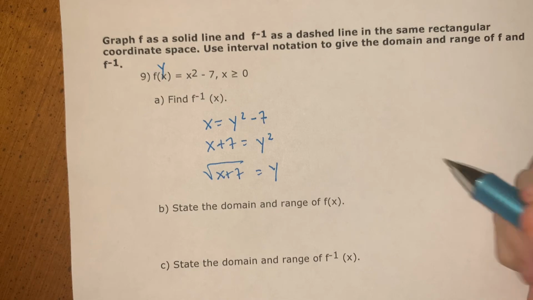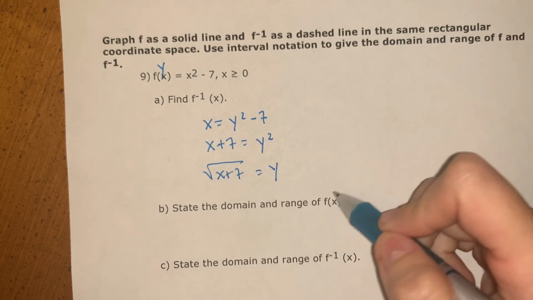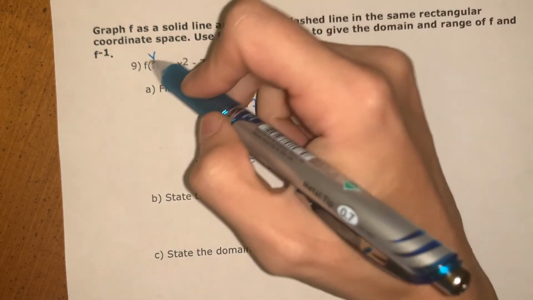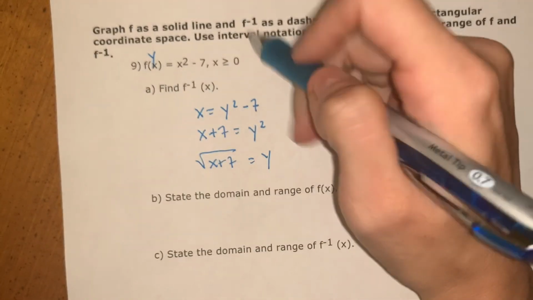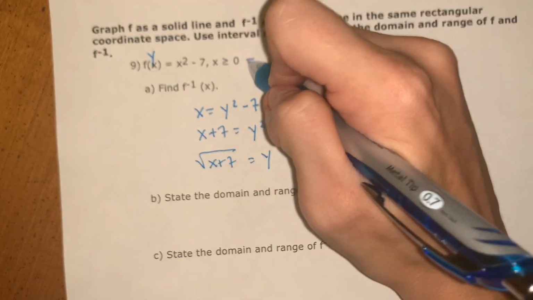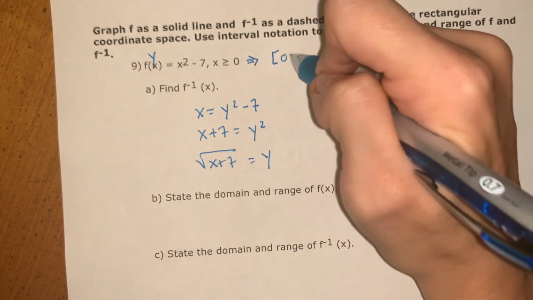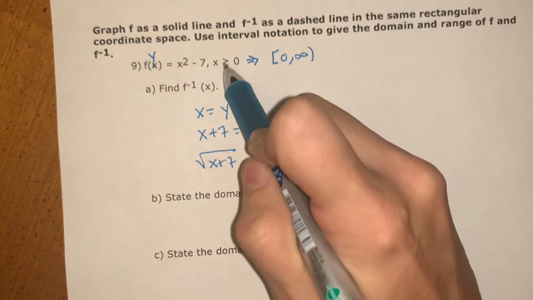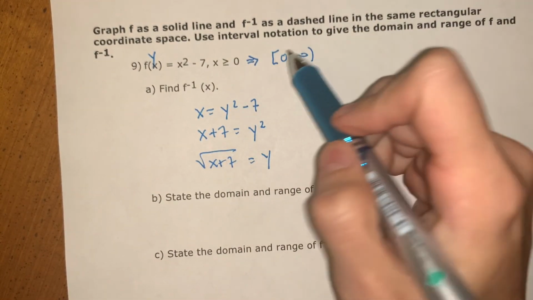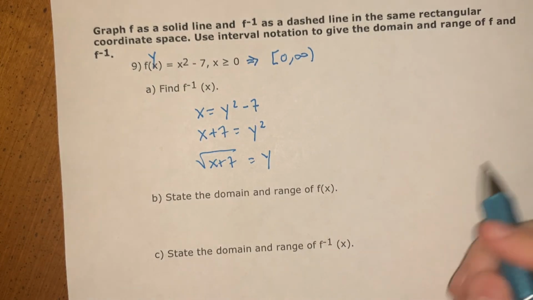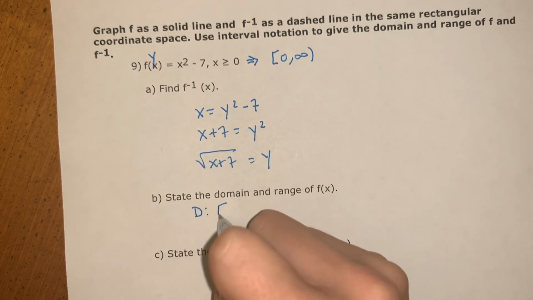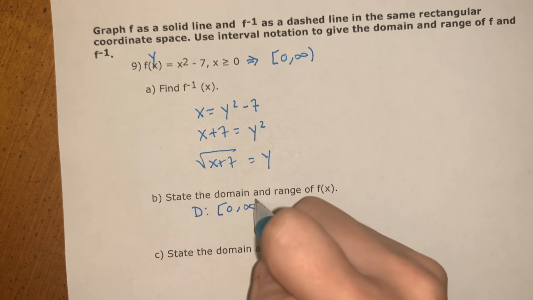Now we have to figure out the domain and range of f of x. So the domain is already stated here. This is the domain for f of x, our original function. So if we put this in interval notation, it's 0 to infinity, right? Because x has to be greater than or equal to 0, so it's 0 to infinity. So I already know off the bat that that's what my domain is.